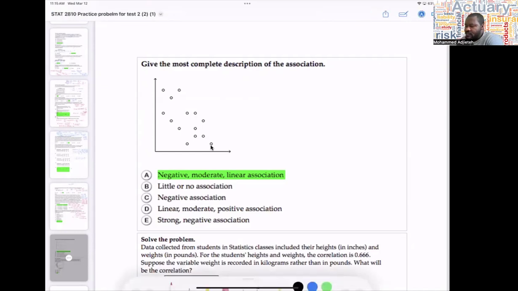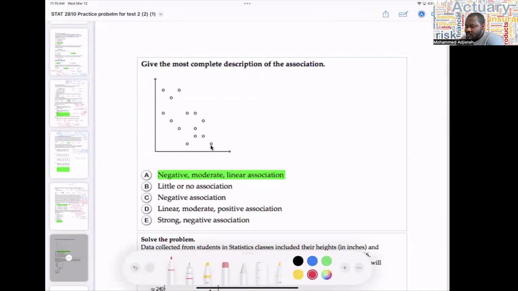We can see the relationship is negative. As this is increasing, this is decreasing. So we can see a negative relationship. If we can see negative, it means that this guy is out.